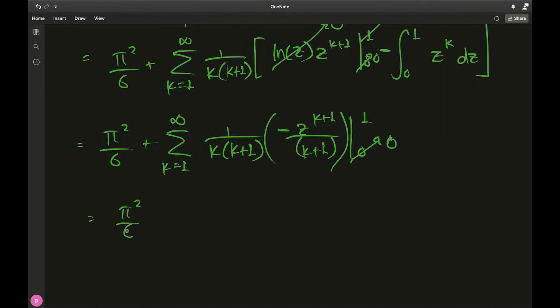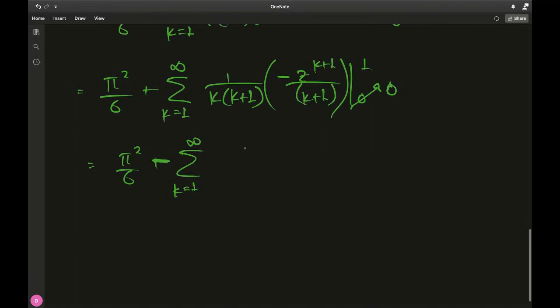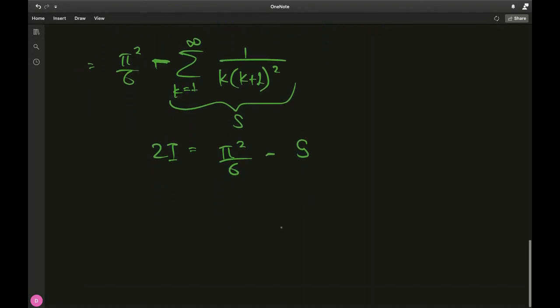So pi squared over 6 minus sum from k equals 1 to infinity of 1 over k times k plus 1 squared. And I'm going to call this thing, excluding the negative, S. So 2 times I is officially pi squared over 6 minus S. And as you might have suspected already, I'm going to tackle S on a fresh page. So see you there.